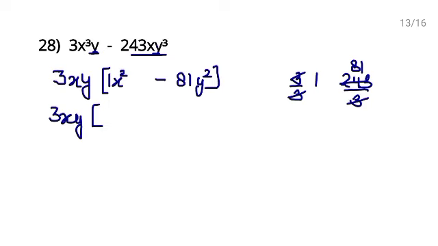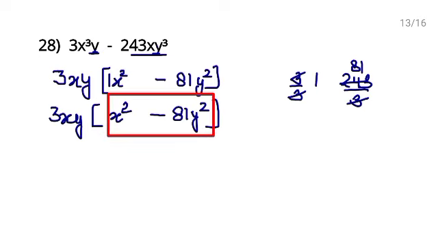Now inside this can be written as 1x square. x square भी लिख सकते हैं because 1 से multiply करेंगे it will remain same, minus 81y square. Now we will write it in the form of a square minus b square. आप बोलेंगे मैम पहले ही a square minus b square के फॉर्म में है. No, 81 is remaining, right? Because हम होल का स्क्वायर करते हैं, जो सेकेंड टर्म है उसमें होल का स्क्वायर होना चाहिए. क्लियर?